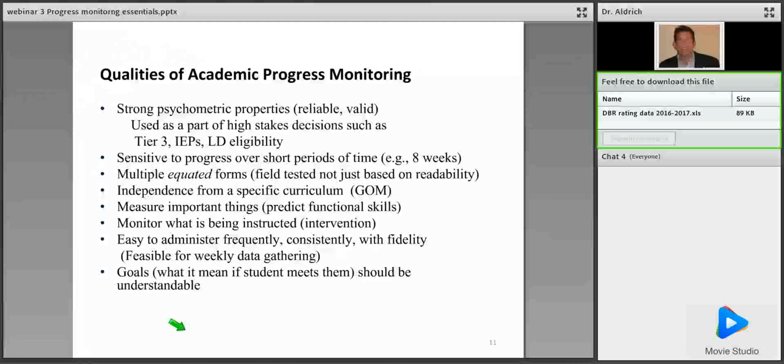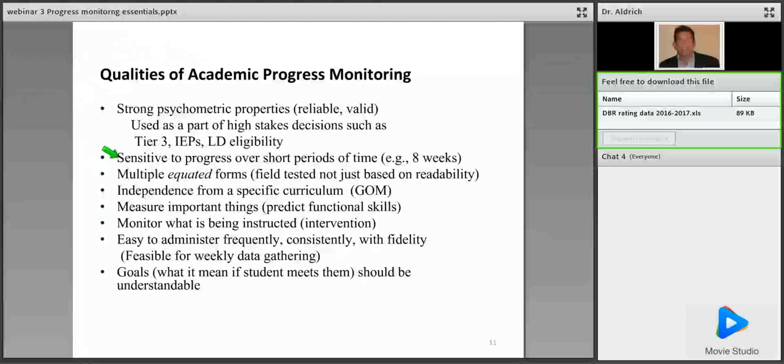We're now talking about measures that we really want to be pretty careful about their psychometric properties, because that might be part of a high-stakes decision. And there are various progress monitoring tools that do have very strong psychometric qualities, and we'll talk about the pros and cons of various tools.